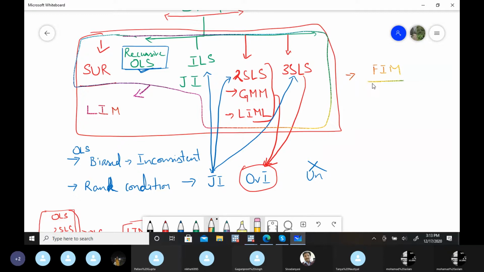That's the total system of equations. All the equations together; only MLE can run this particular method.